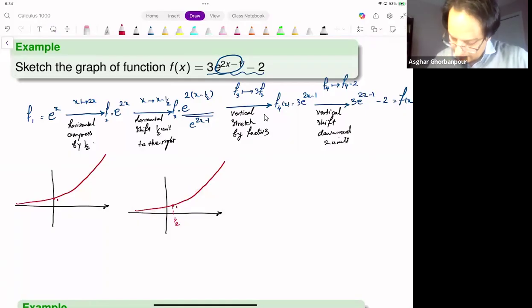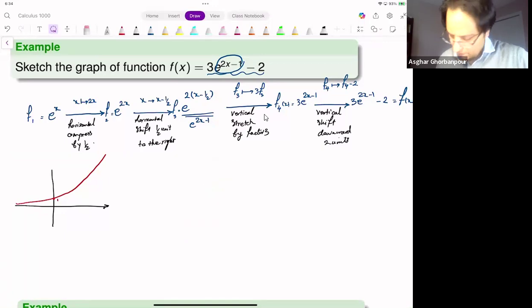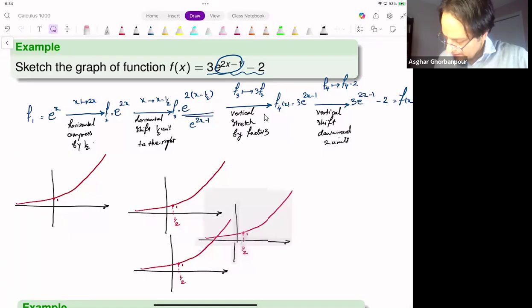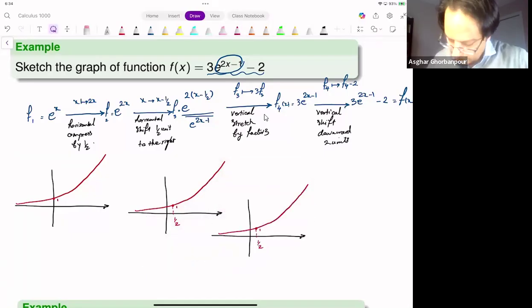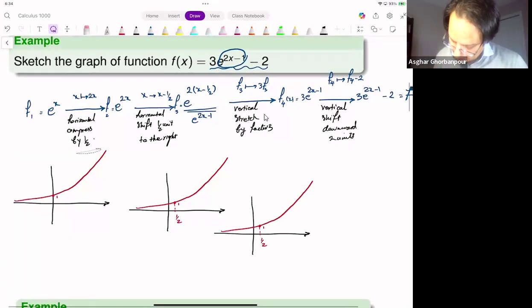And then I take this, again copy, and then paste. And then now I need to stretch vertically. Oh, wait a minute. I think I dropped one step there. I didn't do this step here.